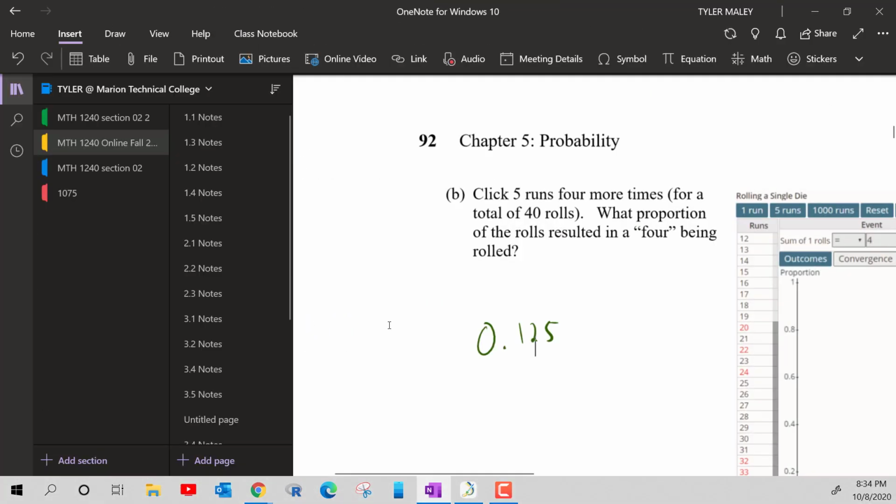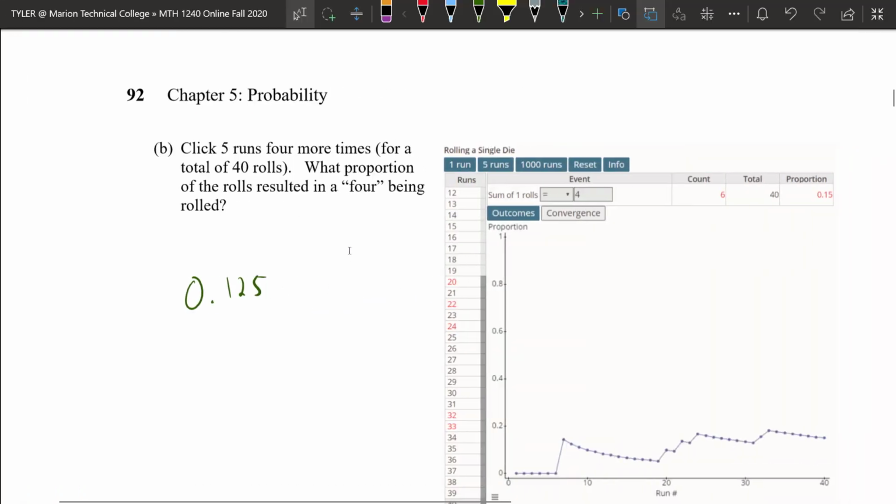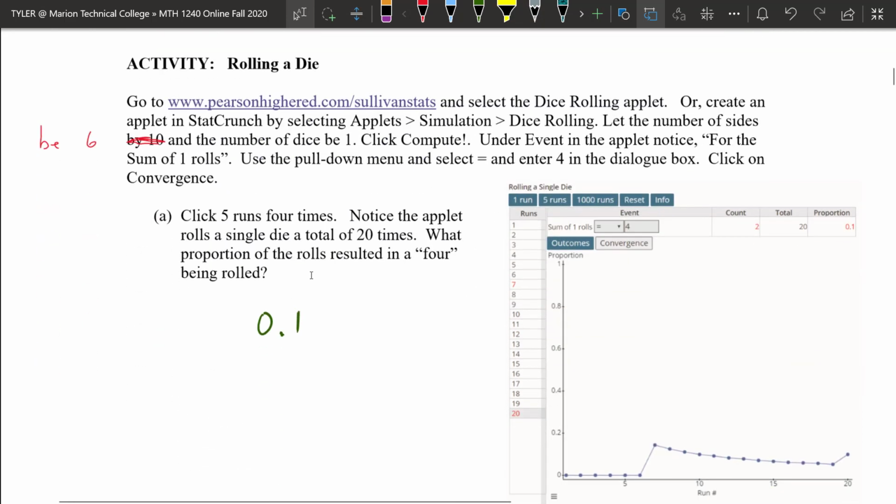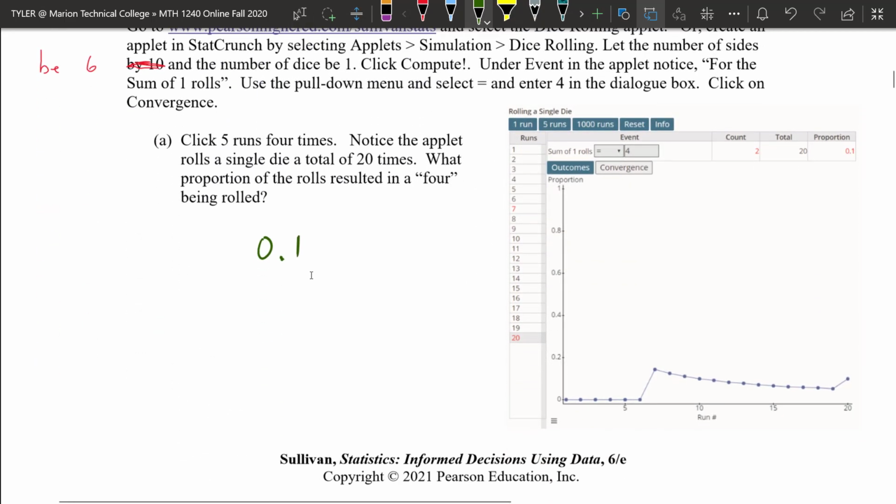Just to point something out too, the numbers I'm writing down are what I'm getting in my simulation. The 0.1 is from our simulation. If you wanted to use the printout, this one just happened to also match.